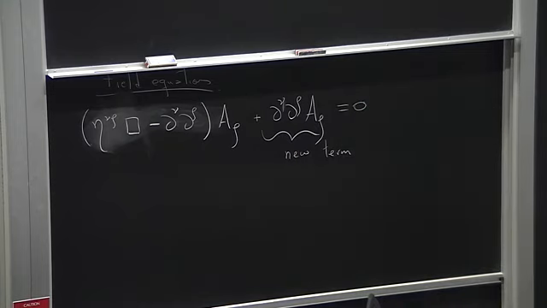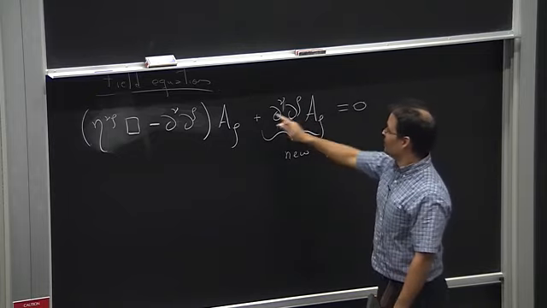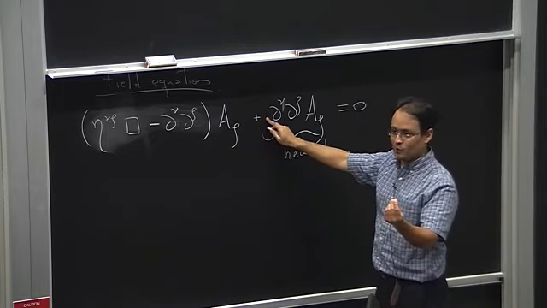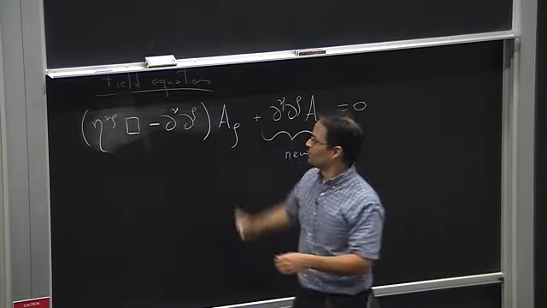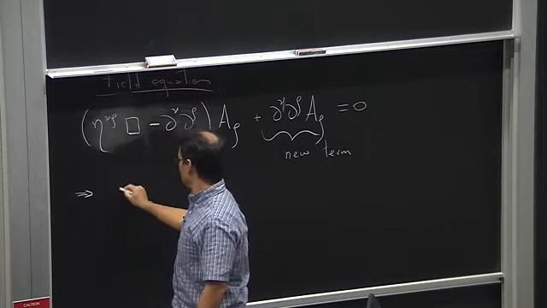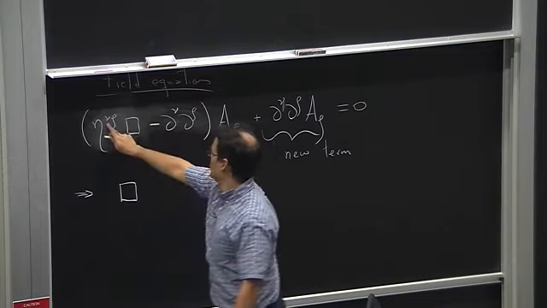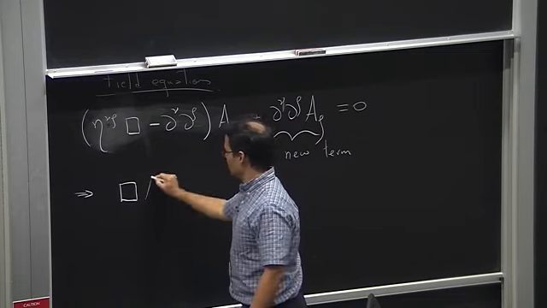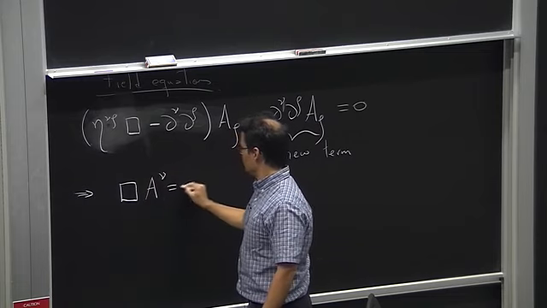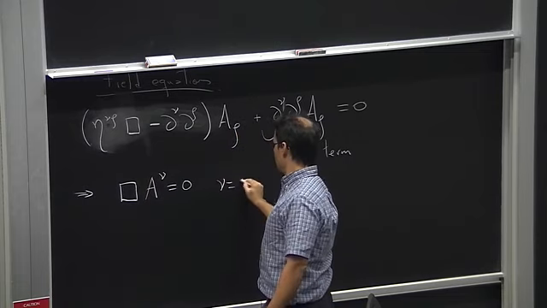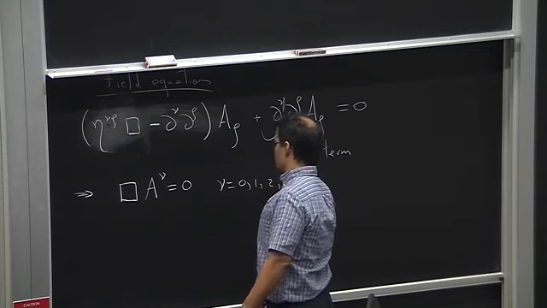The job of the new term, precisely if we choose lambda to be 1, is to cancel this term. And this implies that we get as equations just this with this, which is the same as box A^nu equals 0 for nu 0, 1, 2, and 3.